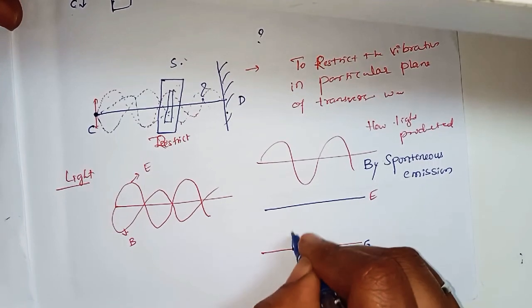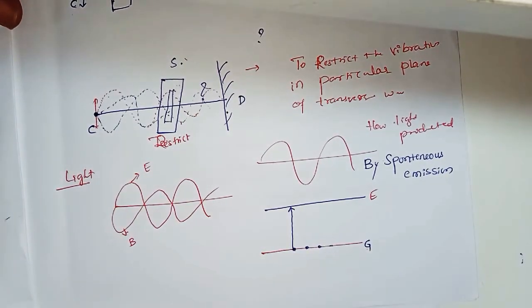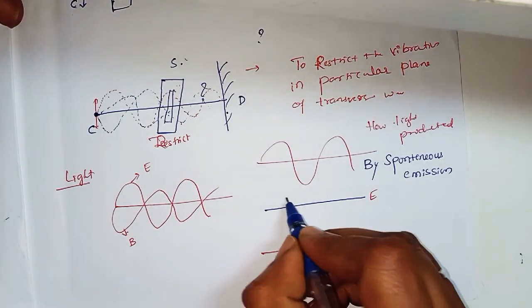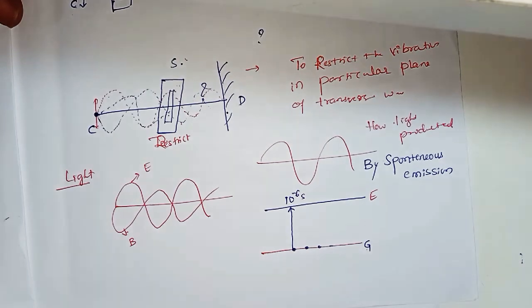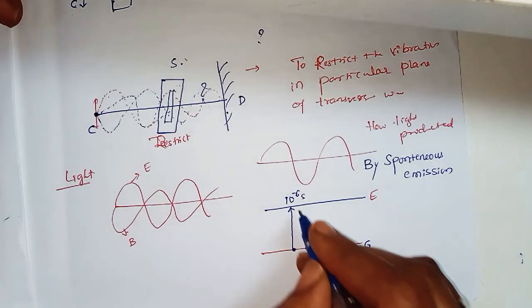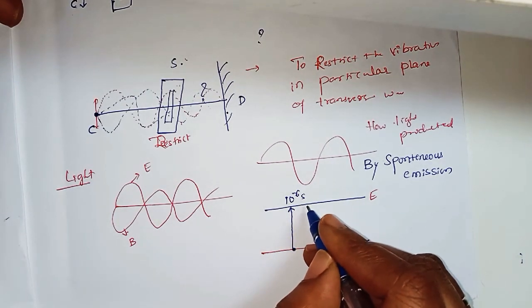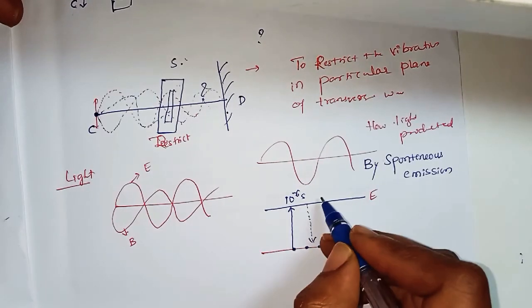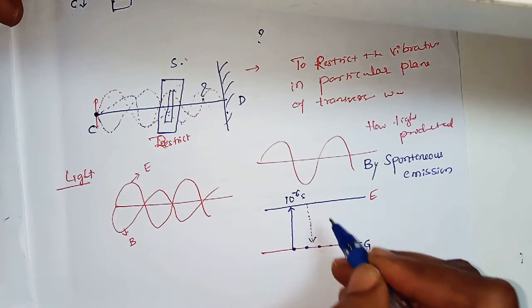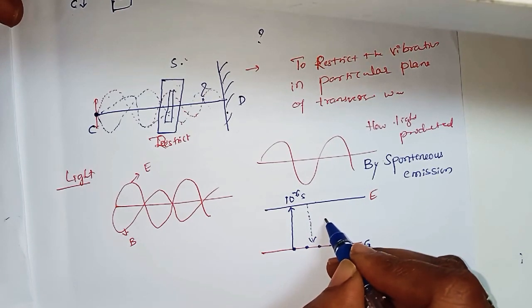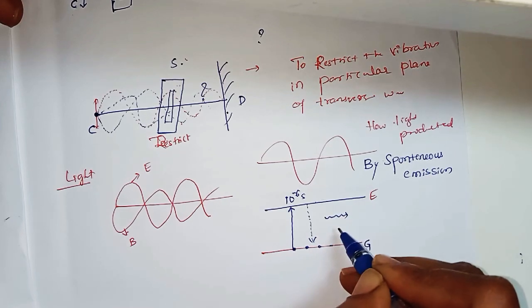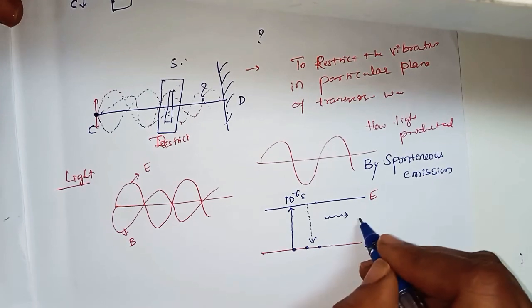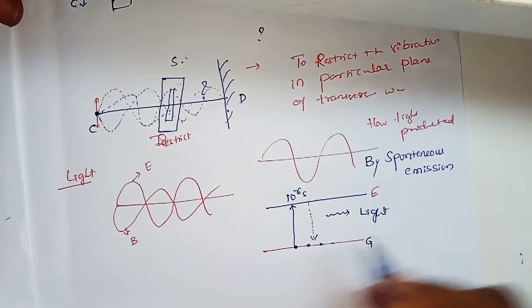When they go to the higher energy state, they stay there for about 10 to the power minus 6 seconds. After 10 to the power minus 6 seconds, again they come back to the ground state. While coming from the excited state to the ground state, they lose some rays, that is nothing but light.